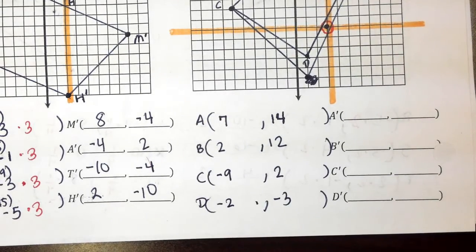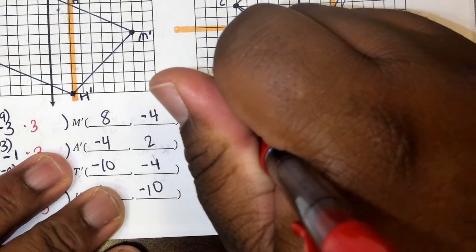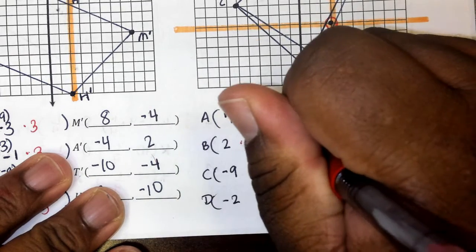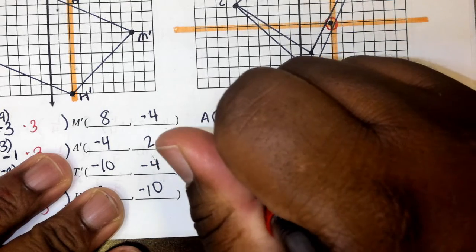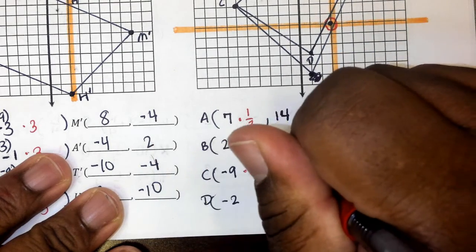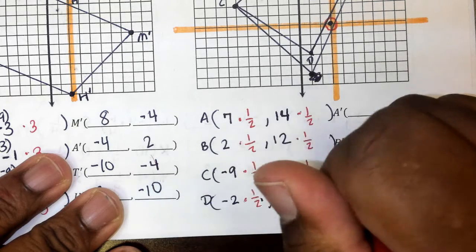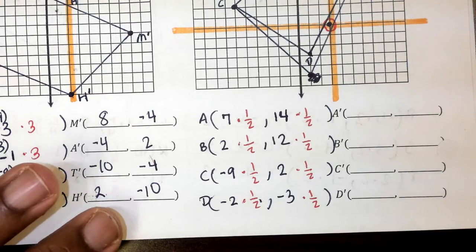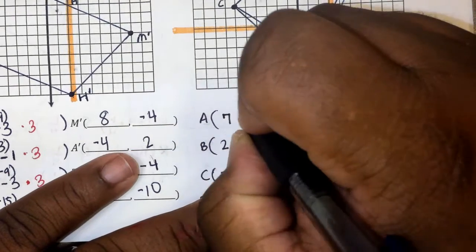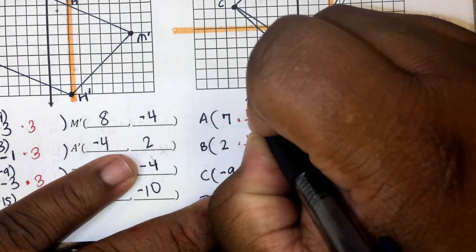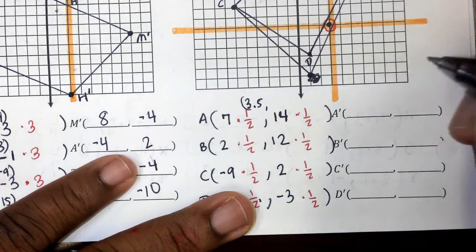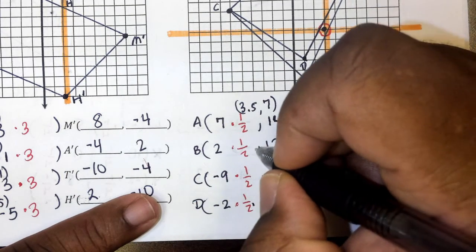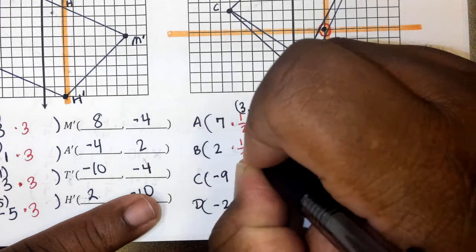So we multiplying by 1/2. So basically cutting everything in half. 7 times 1/2, 3.5. Can't write it over there. Gotta write it up here. 3.5, comma what? 7. And then 2 times 1/2, 1.